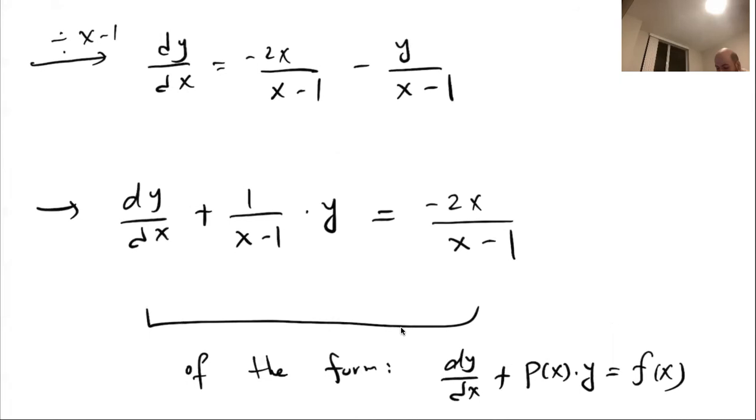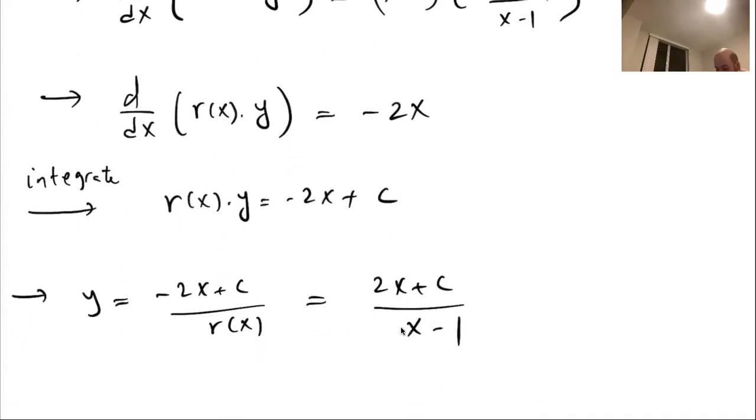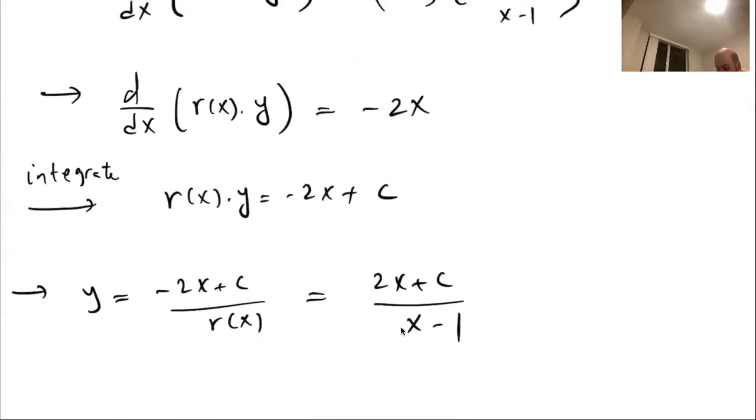And we just need to find the constant c here. Oh, sorry, the antiderivative when we integrated both sides. This is the antiderivative of the left-hand side. The antiderivative of the right-hand side becomes the antiderivative of minus 2x, which is minus x squared plus c.